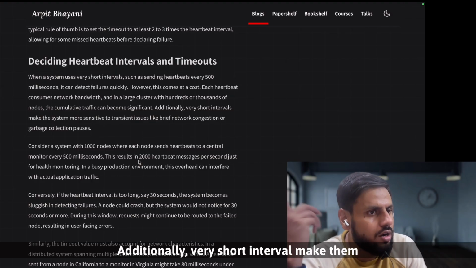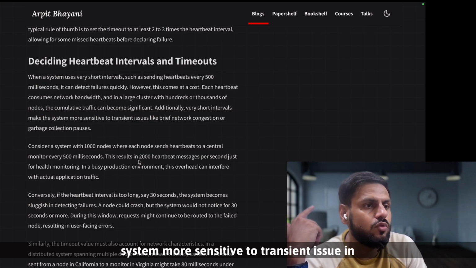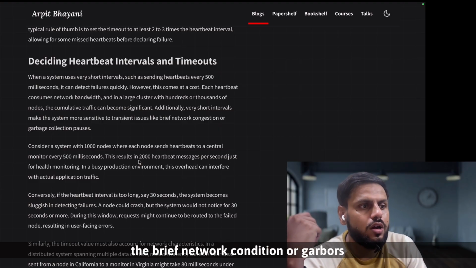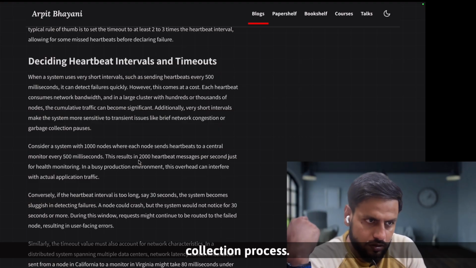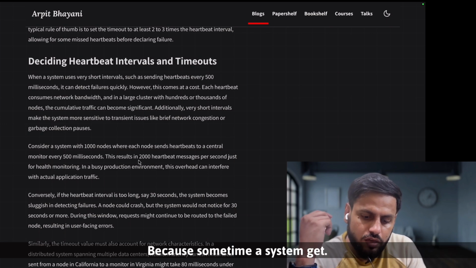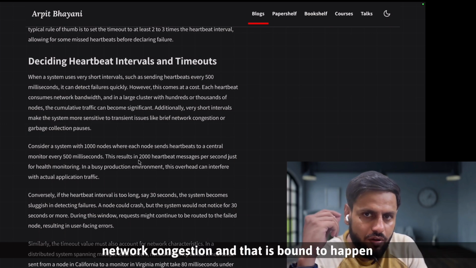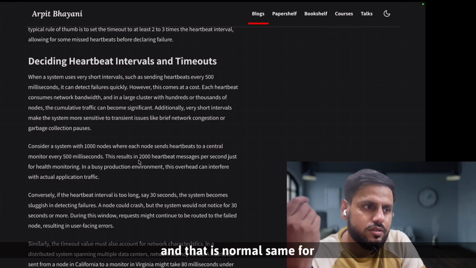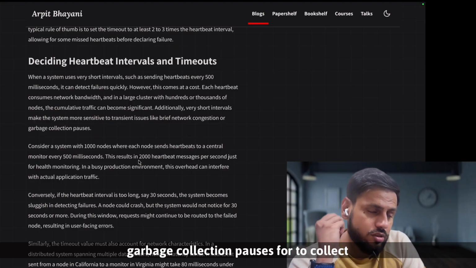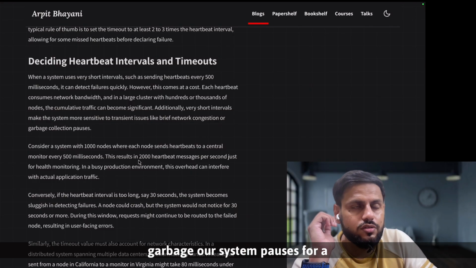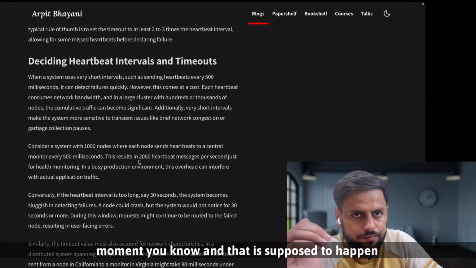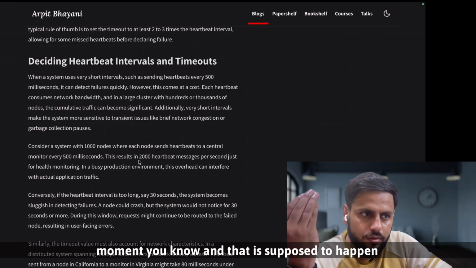Additionally, a very short interval makes the system more sensitive to transient issues like brief network congestion or garbage collection pauses, because sometimes a system gets network congestion, and that is bound to happen and is normal. Same for garbage collection pauses: to collect garbage, our system pauses for a moment, and that is supposed to happen.